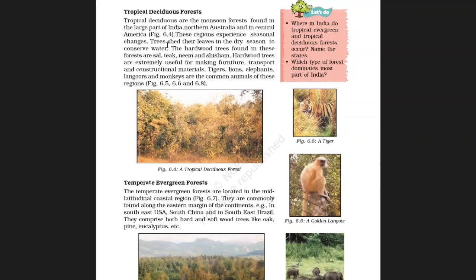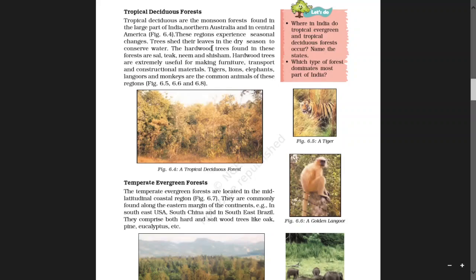Means the whole year leaves remain on the trees. But here in the tropical deciduous forest we find trees shed their leaves in the dry season to conserve water. In order to save water, trees shed their leaves in the dry season.